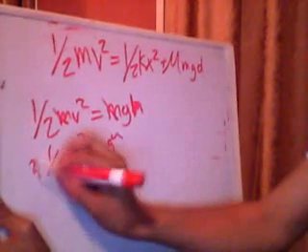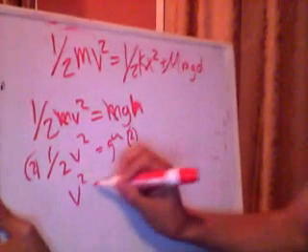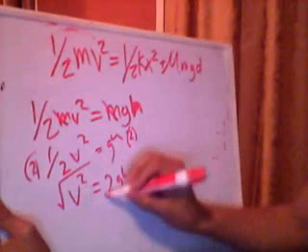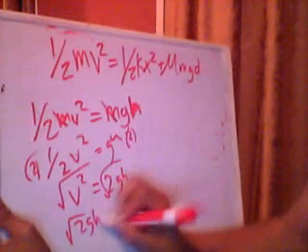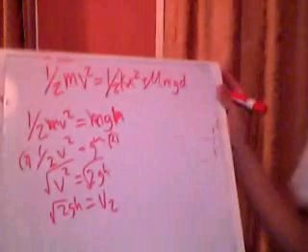Multiply by 2: v squared equals 2gh. You've got to get rid of the square, which gives you the square root of 2gh equals v2. And that's going to be your formula to calculate the second velocity.